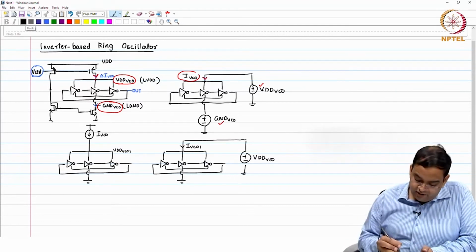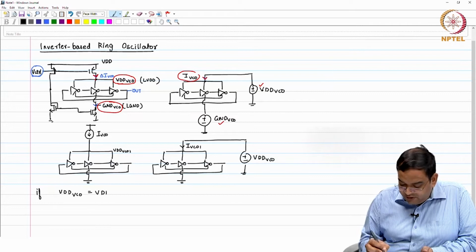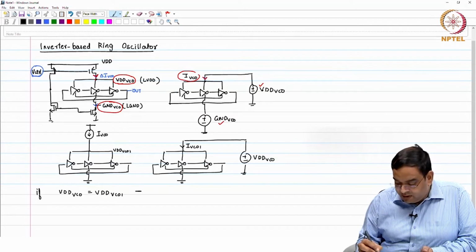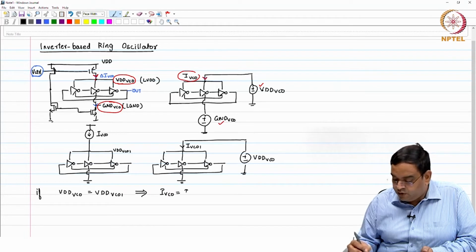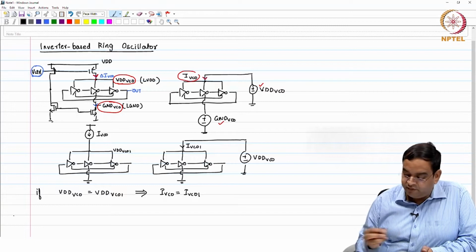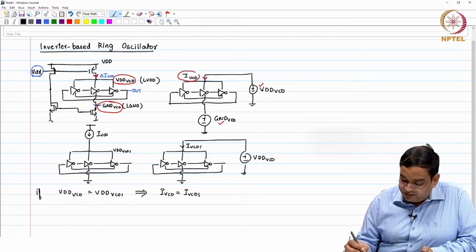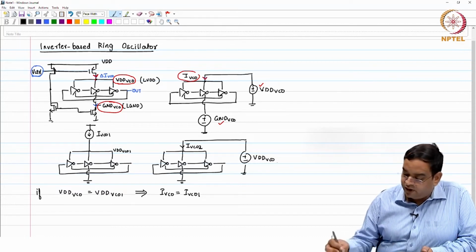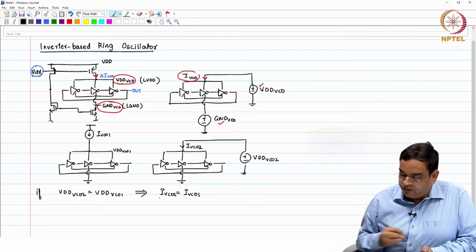If VDD VCO is equal to VDD VCO 1, then you will have I VCO equal to I VCO 1, and the frequency of the oscillator is going to be the same. Let us call this oscillator 1 and this one 2, which makes it easier.